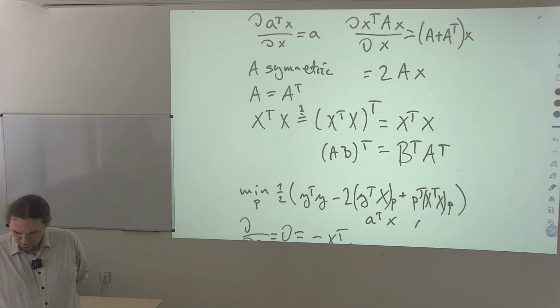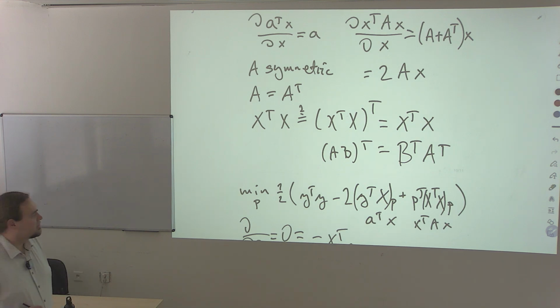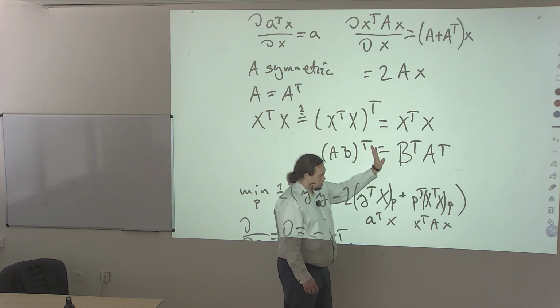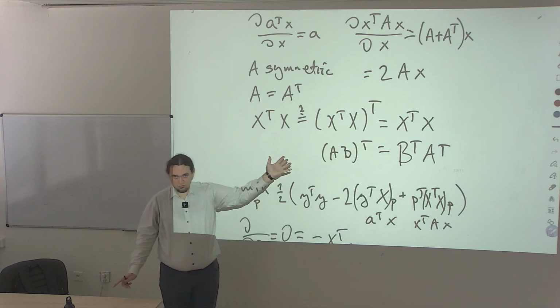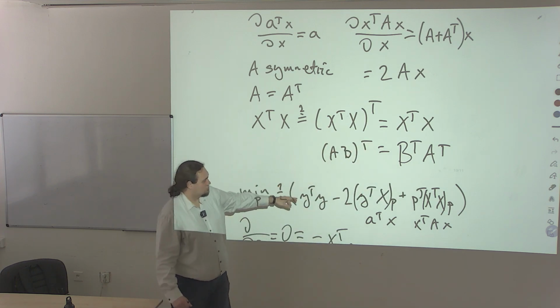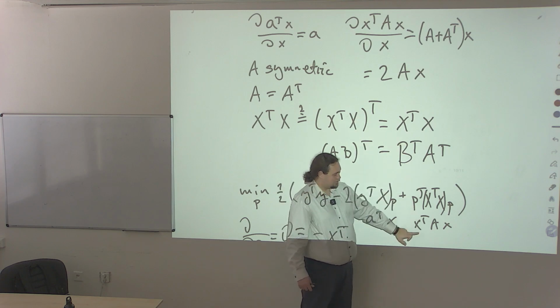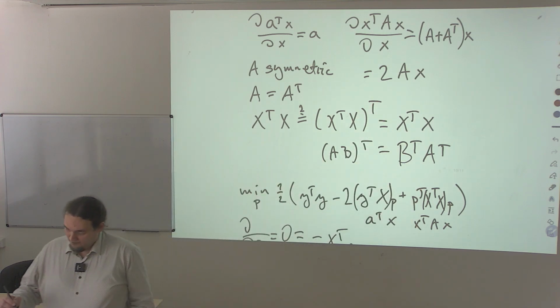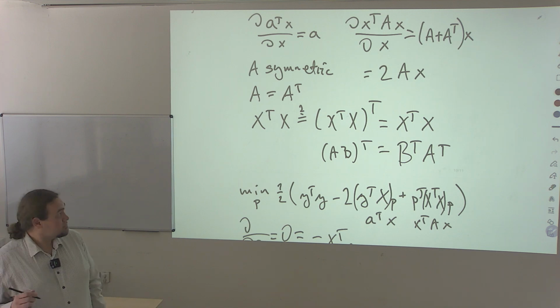Of course, we can do some bracketing to realize the same form. We know that our matrix is symmetric, so we can write A times x.